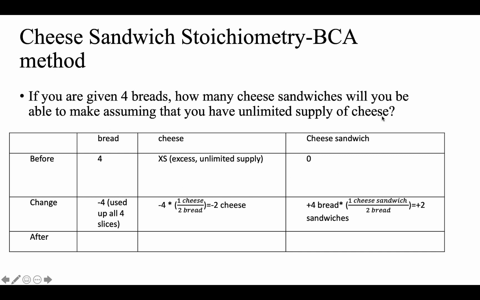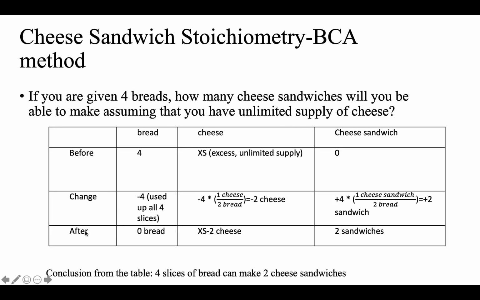How many cheese sandwiches would I produce? Well, I start with 4 breads, and the ratio between cheese sandwich and bread is 1 to 2. If you multiply these together, you will get 2 sandwiches. So essentially, plus 2 sandwiches means you're going to produce 2 sandwiches.